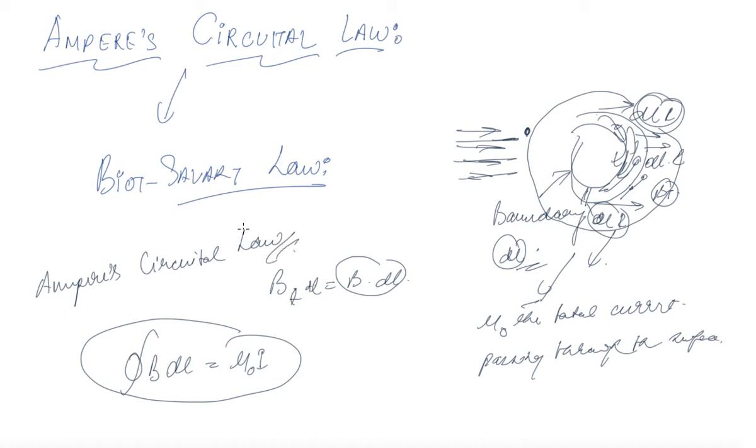Now, where I is the total current through the surface, the integral is taken over a closed loop coinciding with the boundary C of the surface.